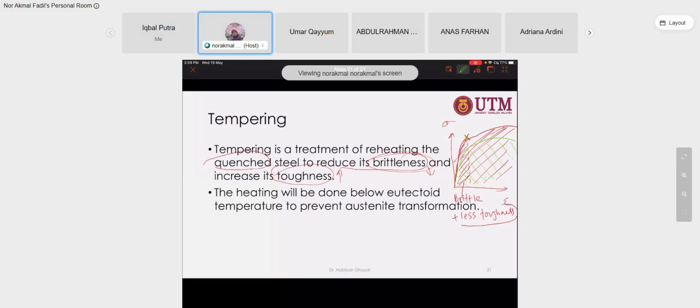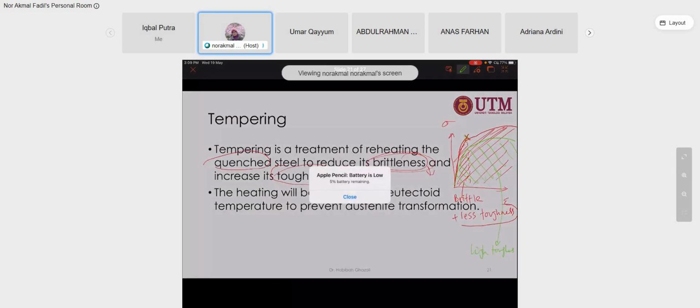And then for the green one, it is high toughness and less brittle. Why? Because it failed after it shows a plastic deformation. Therefore, toughness is associated with ductile fracture, as opposed to brittle.